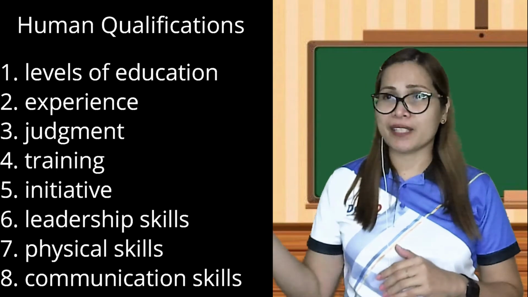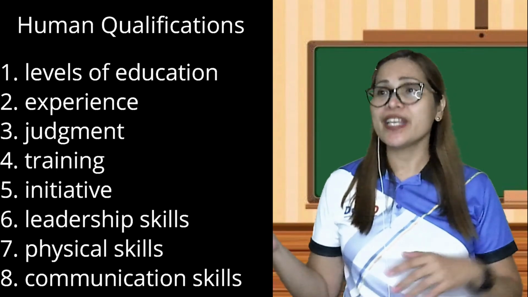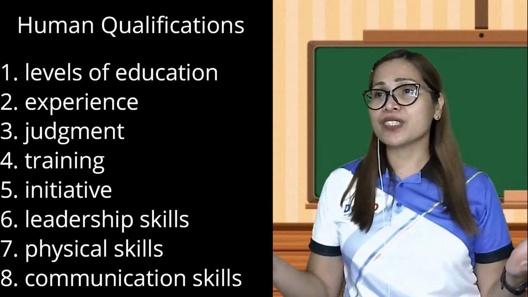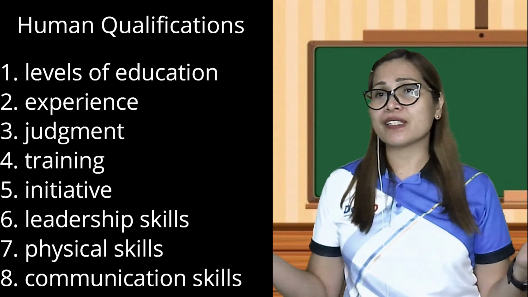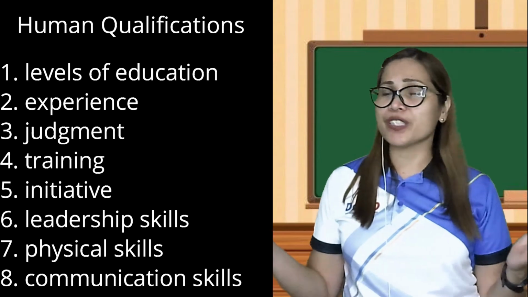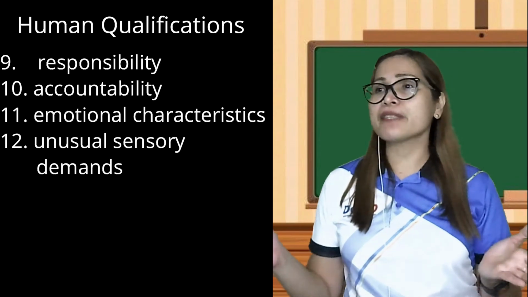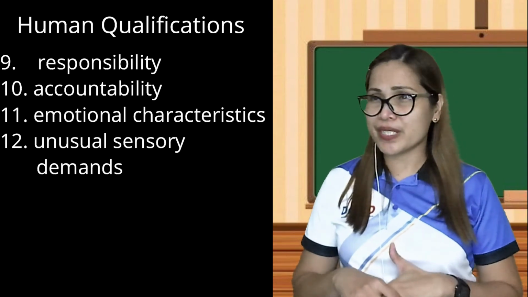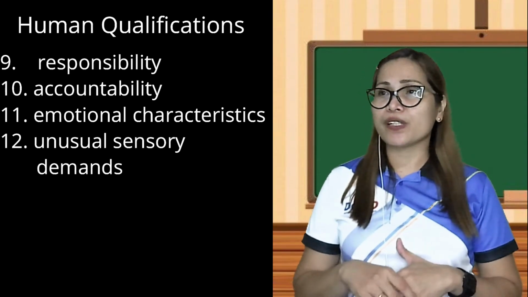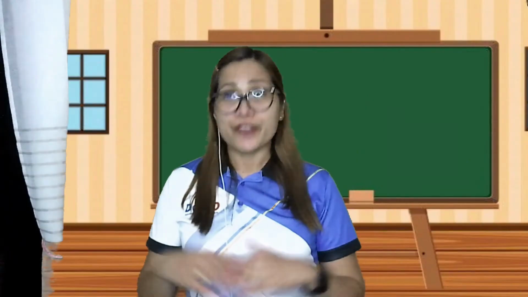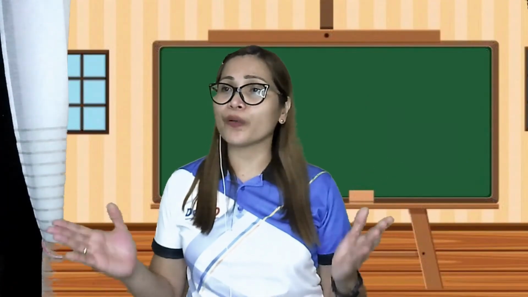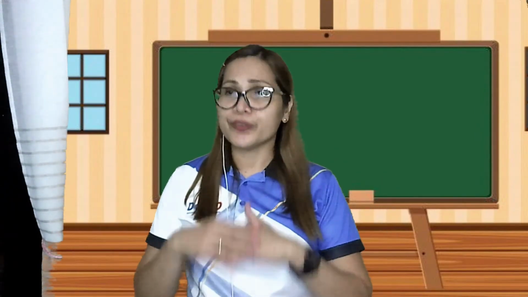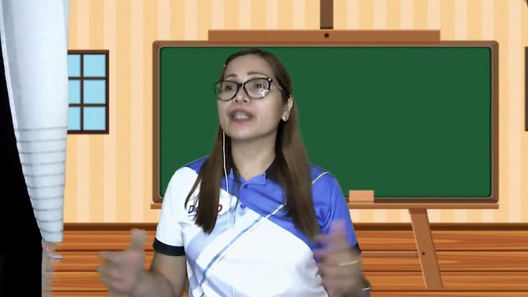This includes establishing the levels of education, experience, judgment, training, initiative, leadership skills, physical skills, communication skills, responsibility, accountability, emotional characteristics, and usual sensory demands. These factors change according to the type, seniority level, industry, and risks involved in a particular job.